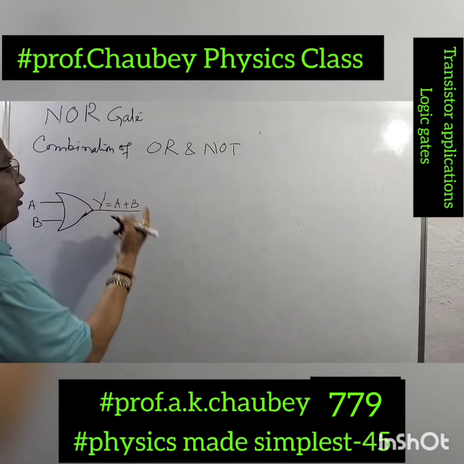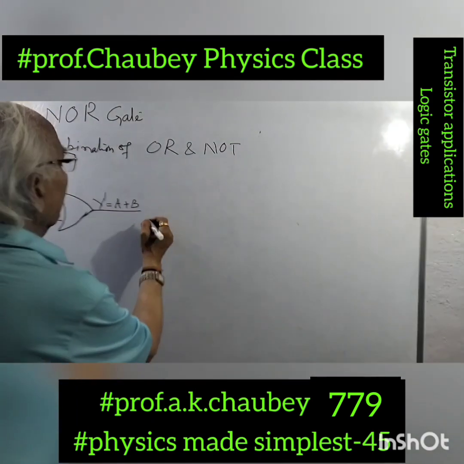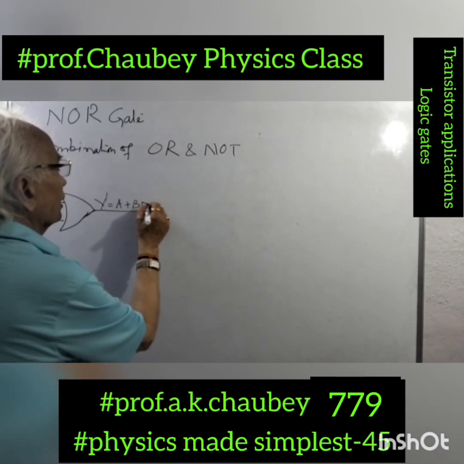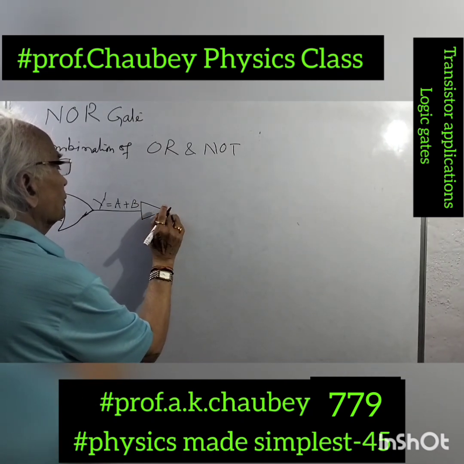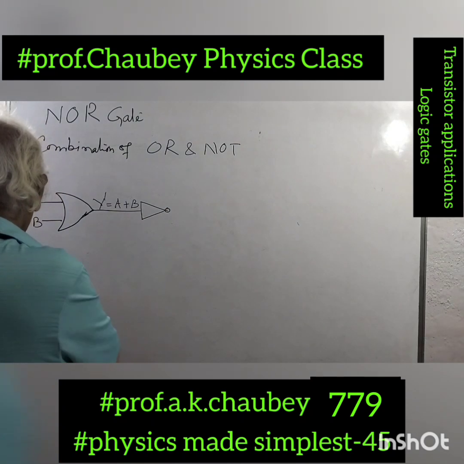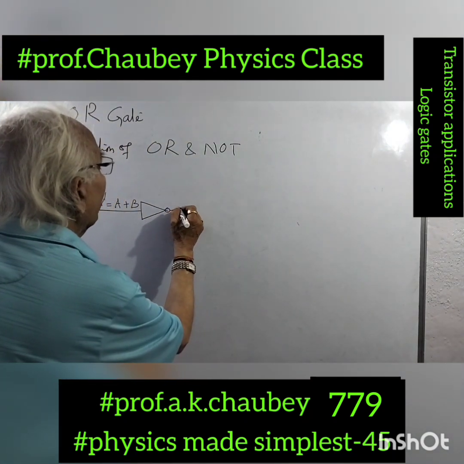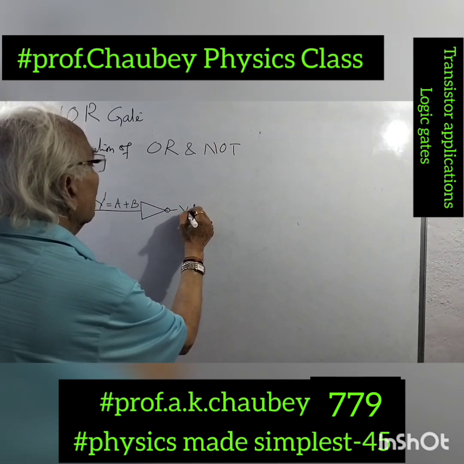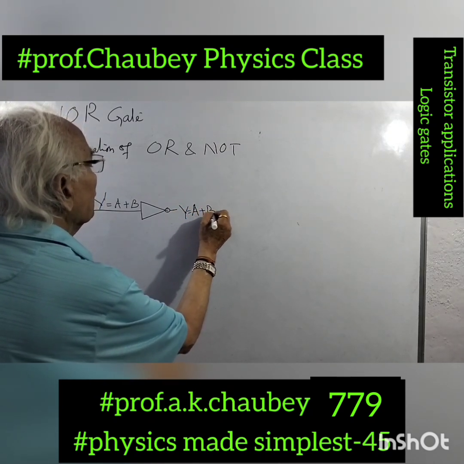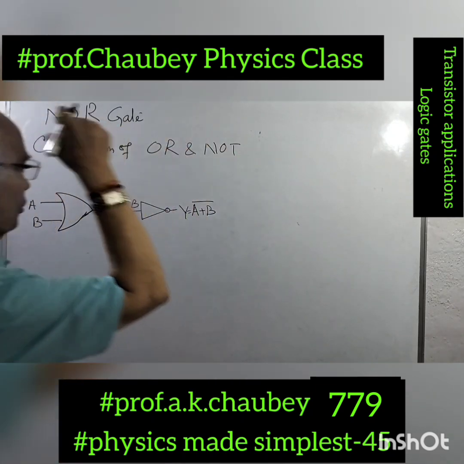That is A or B. Then this is connected with the NOT gate. So here Y will be A plus B inverse, the inverse of A or B.